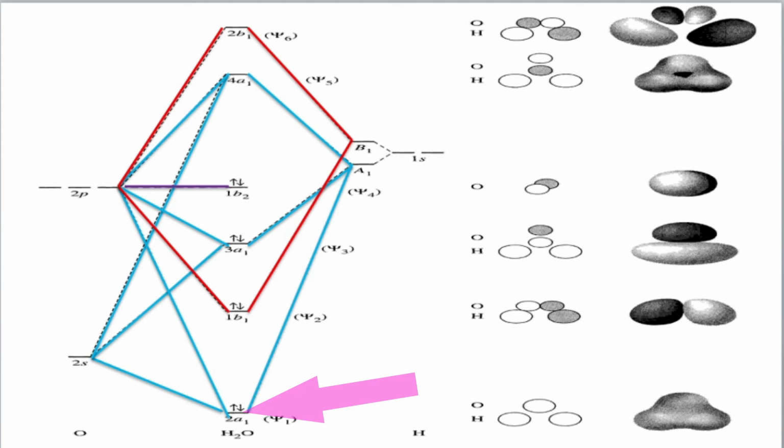After this 2a1 orbital, come to the 3a1. I am representing it by the third wave function, that's psi 3. It is produced by again interaction of all orbitals of symmetry a1, meaning 2 orbitals from oxygen and 1 orbital from hydrogen. Therefore, you will find at 3a1 again a total of 3 lines are coming, one from 2s, one from 2pz, and one from the group orbital from hydrogen which has a1 symmetry.